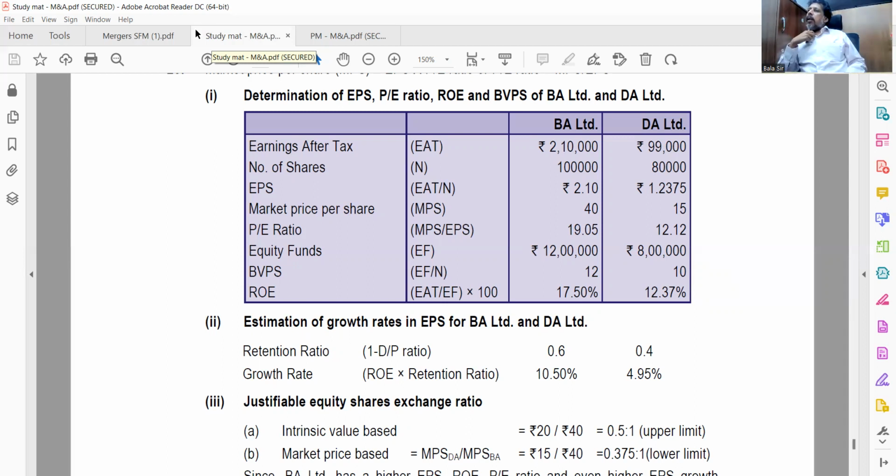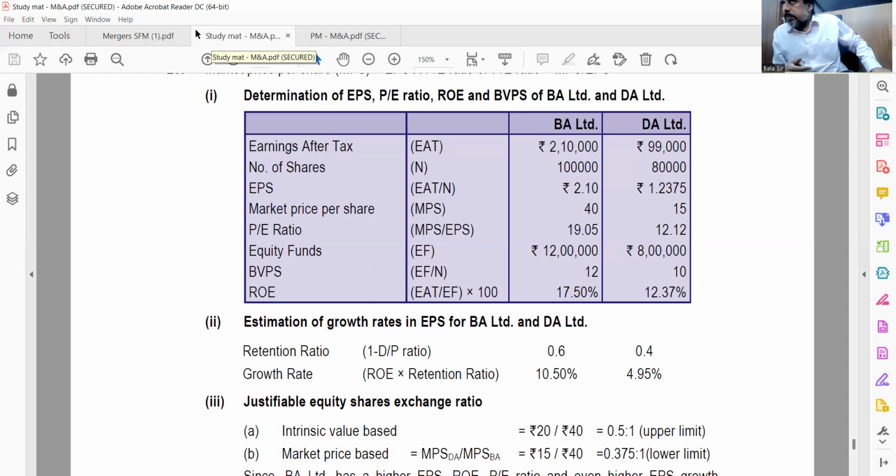I can pay this 12 lakh rupees in cash if I want to, or I can give shares in my company. And my company shares are worth how much? 40 rupees every share, right? Now what is rupees 12 lakh by 40? I have to issue 30,000 shares to you people.